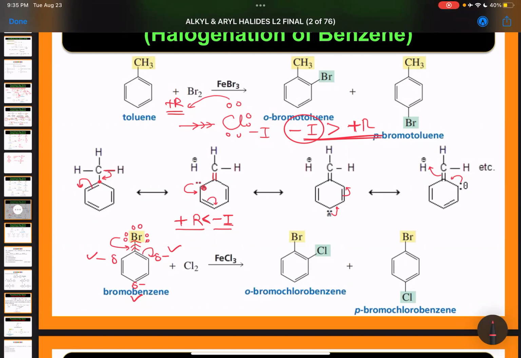I would suggest drawing the resonance structure. Though it is electron withdrawing, it is also simultaneously enriching the benzene ring at ortho and para positions by giving its lone pair, which appears at ortho and para positions. And that is the reason why bromobenzene is ortho-para directing.